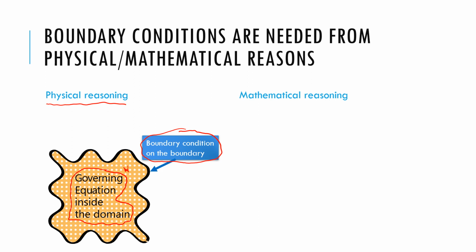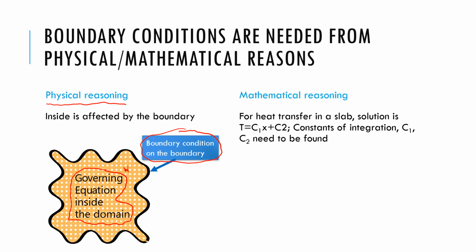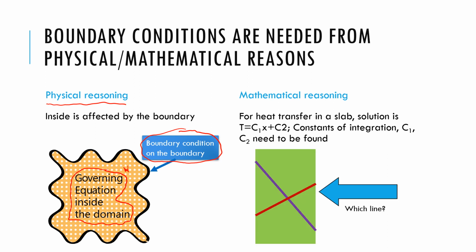And then for mathematical reasoning, I want to bring this simple example of heat transfer in a slab. So let's say this side is hot and this side is cold, and it's in a slab. My equation describing heat transfer is given by d squared T over dx squared equal to 0.